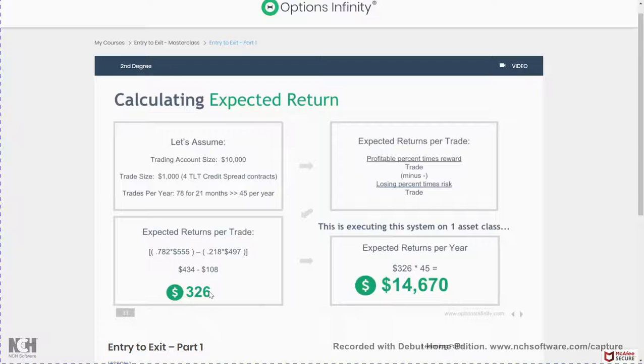What we're talking about here is using the three simple principles, the regression channel, measured moves, and Fibonacci's, and these are actual examples from using that strategy, trading the ETF TLT. It is a positive expectation strategy.